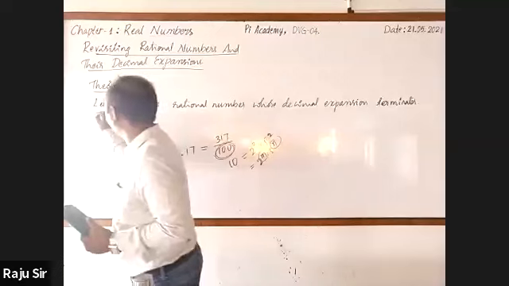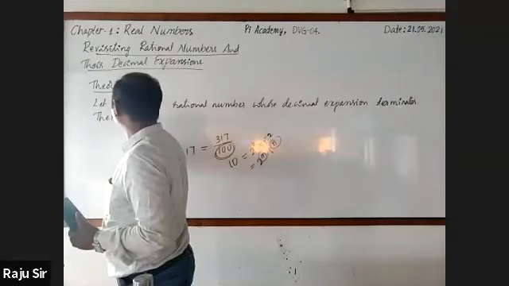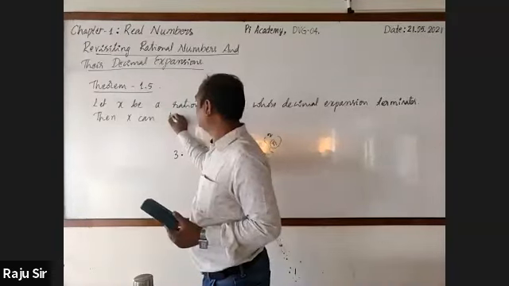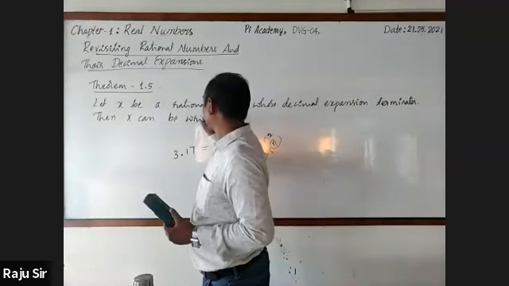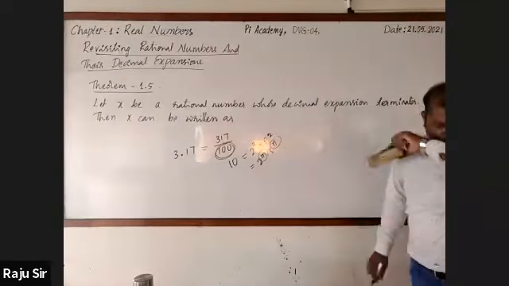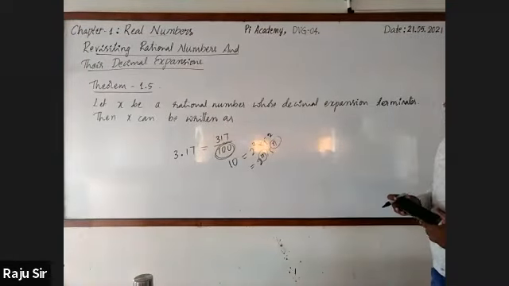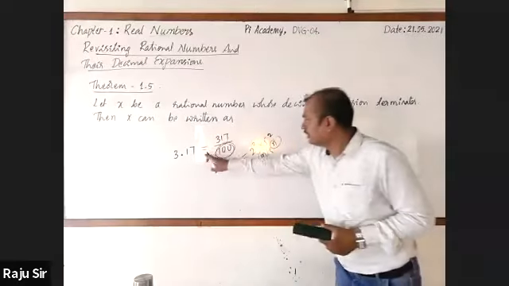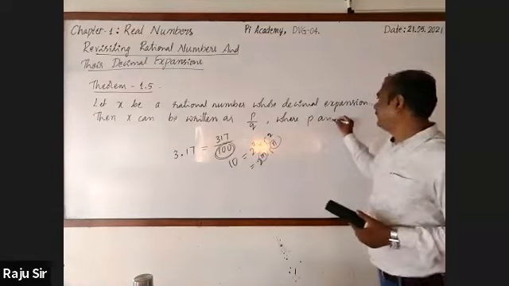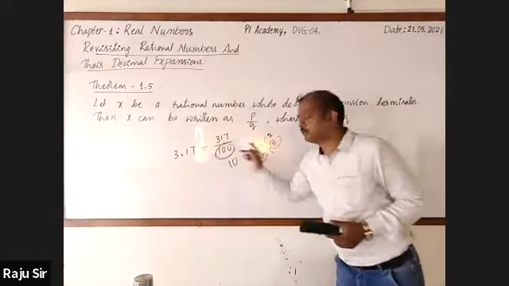Then x can be expressed as, how do you write? It can be written as P by Q, where P and Q, what are P and Q?